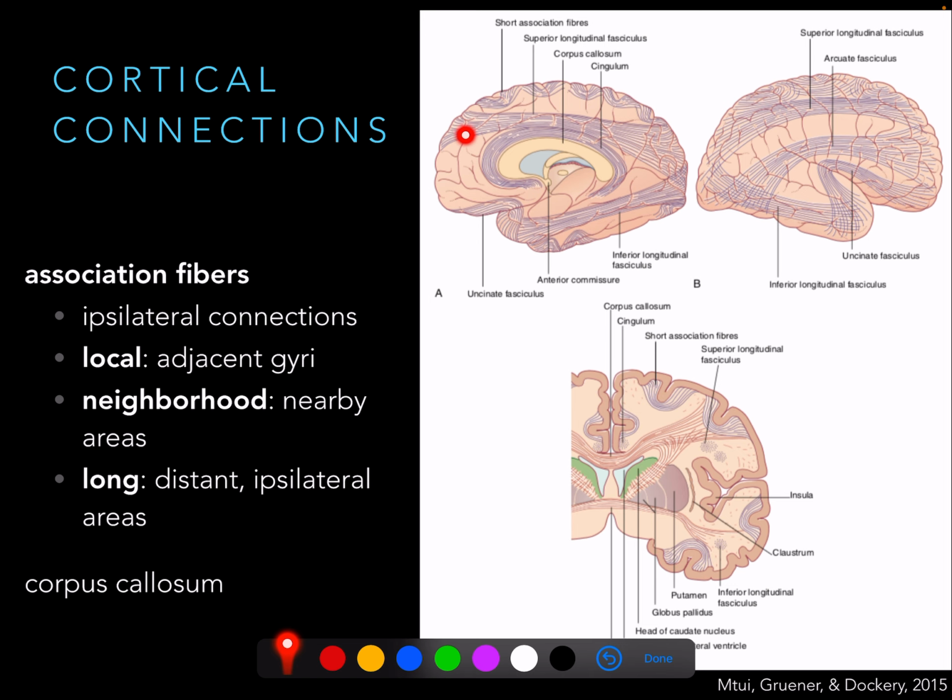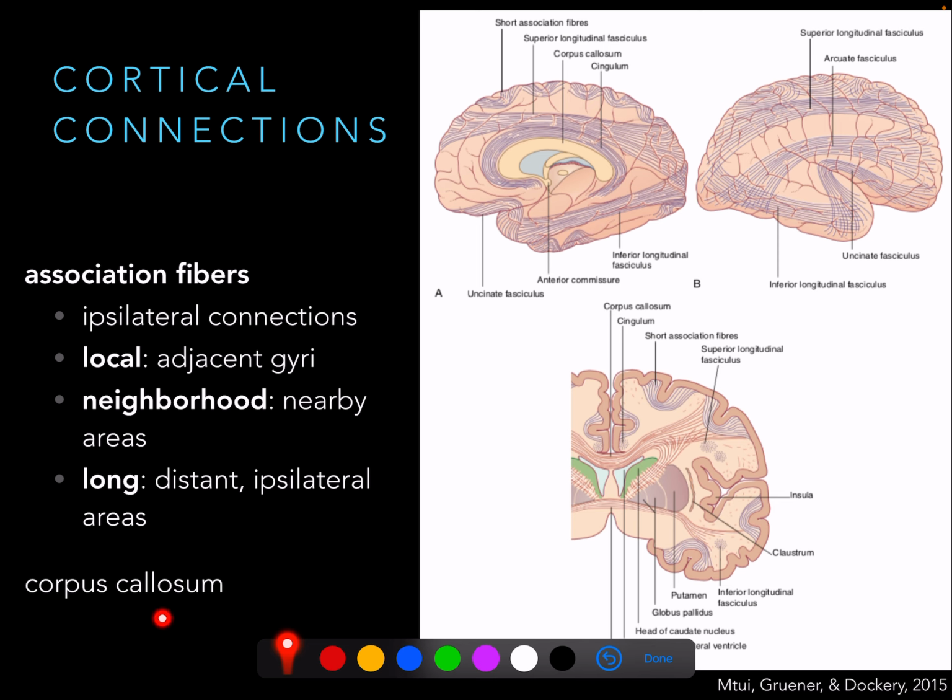I'm going from the frontal lobes to the occipital lobes and vice versa. No, you don't have to worry about distinguishing these. Just know that we have association fibers from layers 2 and 3 that can connect very close or very distant structures in the cortex. And yes, it may be within the same area or between lobes.